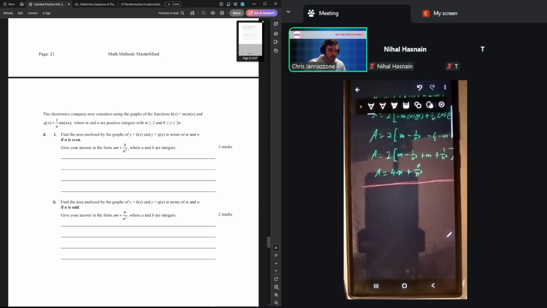Now if n is odd, nothing actually really changes because we did it from a position of ignoring any symmetries altogether. So I guess the other advantage of doing it this way is we don't have to create a separate rationale for our area formula.